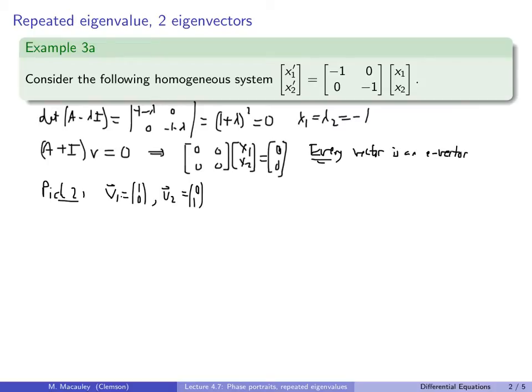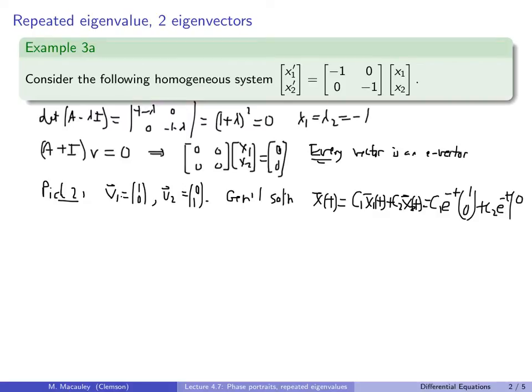And now the general solution is x of t equals c1 x1 of t plus c2 x2 of t, which is c1 e to the negative t times (1, 0) plus c2 e to the negative t times (0, 1).